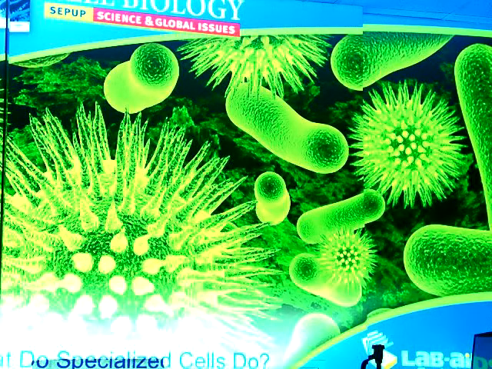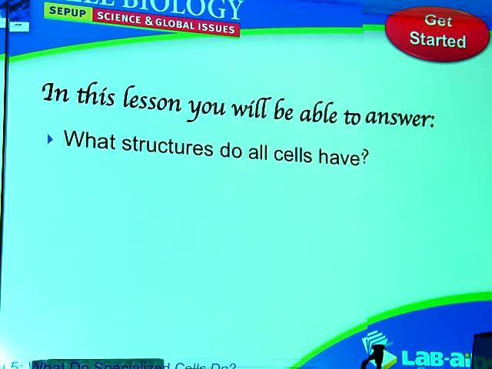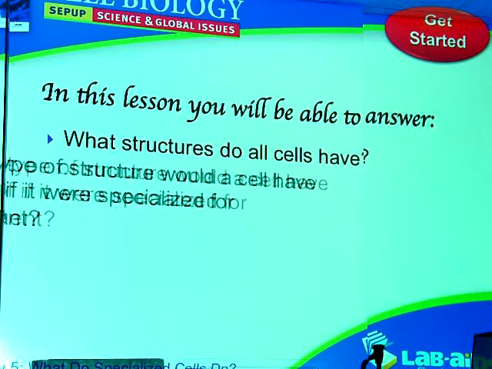All right. In this lesson, you are going to be able to do a couple of things. Number one, you're going to be able to answer what structures all cells have, which you should be able to do now because we've already discussed animal cells, plant cells, and bacteria, but this will give you a little more detail.